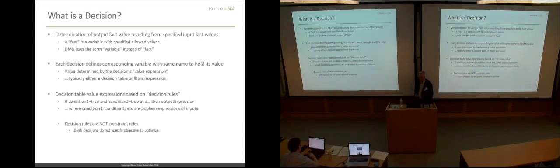BPMN uses the term variable instead of fact, so a fact is a variable with a specified domain of allowed values. And in DMN, each decision is comprised of a variable which holds the output value and a so-called value expression, the logic that determines the value.